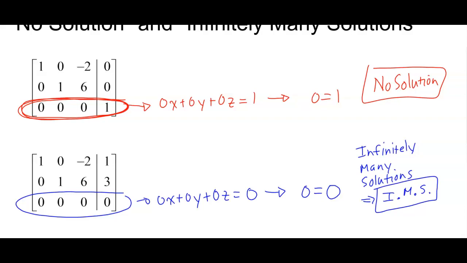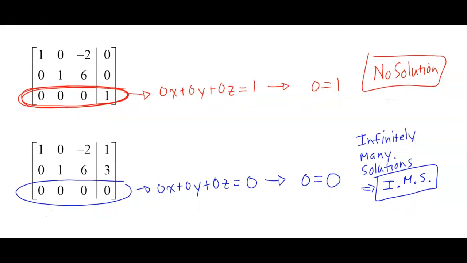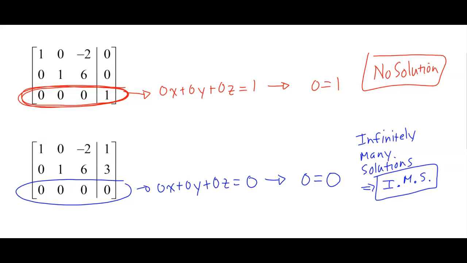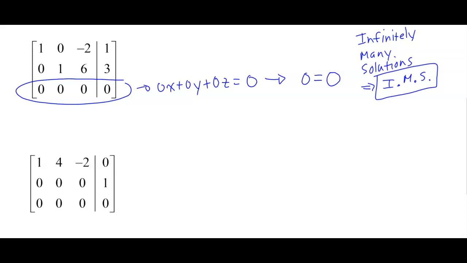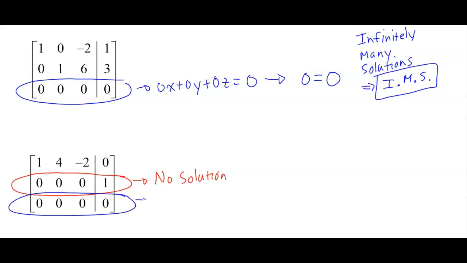And then there's one other little tricky question, and that is, what if you're working with a system of equations in a matrix, and you simplify the matrix and you get something like this? Because here, you've got one row that seems to be saying no solution, and you have another row that seems to be saying infinitely many solutions.